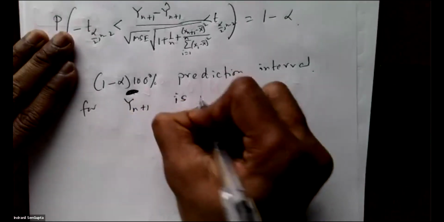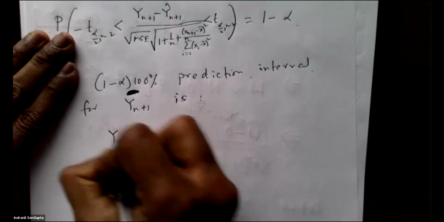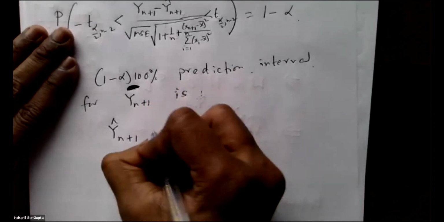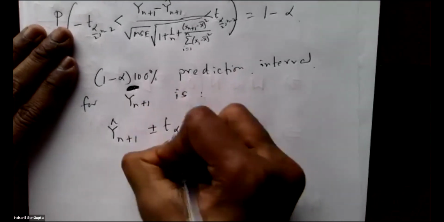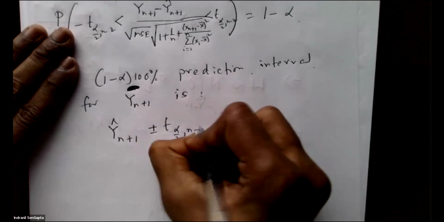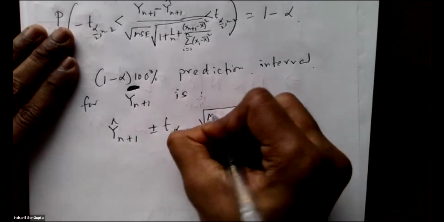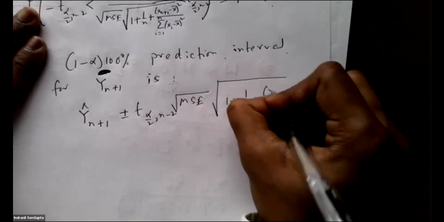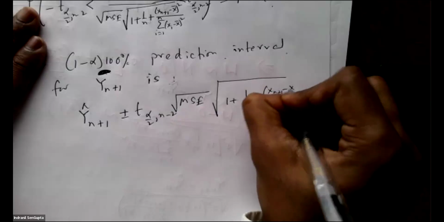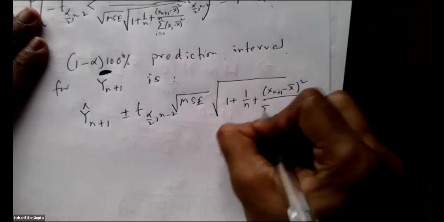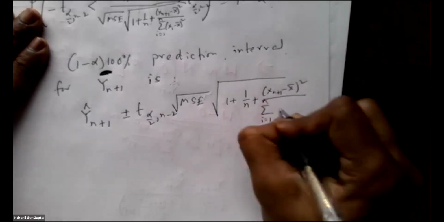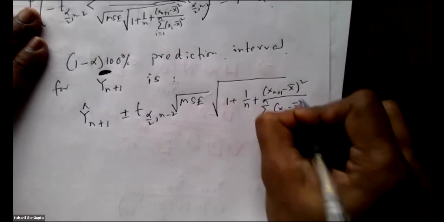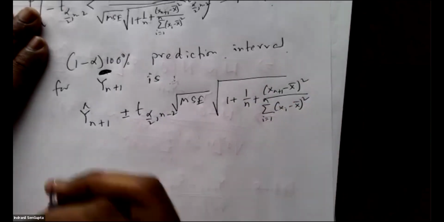So that is given by y_{n+1} hat plus or minus t of alpha over 2, n minus 2, square root of MSE times 1 plus 1 over n plus (x_{n+1} minus x bar) squared over the summation i from 1 to n of (x_i minus x bar) squared. Okay.